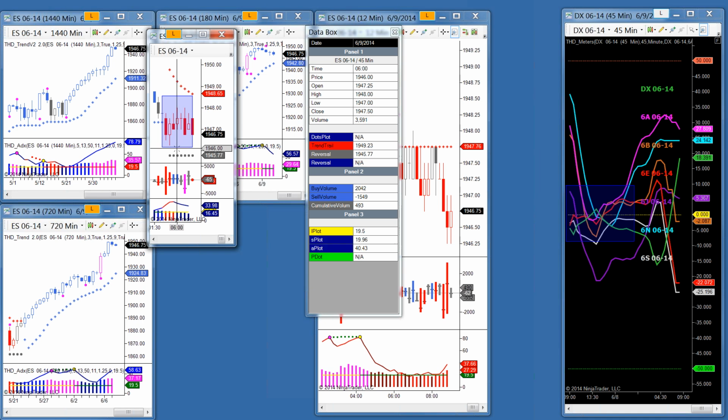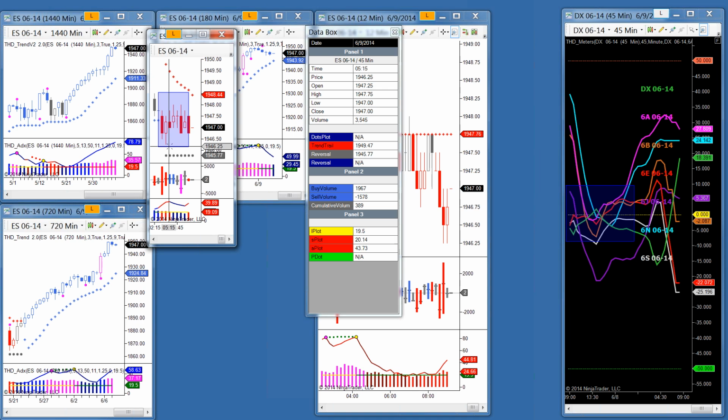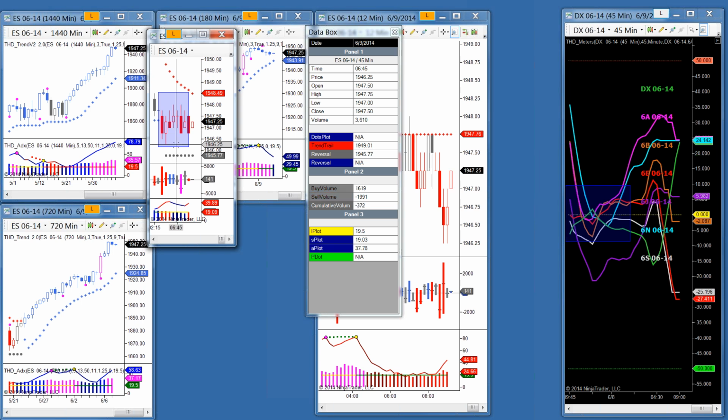Now we move over here. It's increased. Oop, it moved on me. Sorry about that. It's increased to 2,042, and the delta managed to finish at 493. This is where the big one comes in. You have buying volume 2,061, but sellers stepped in for a total of 3,000. There were 3,000 sellers in that bar at that point.